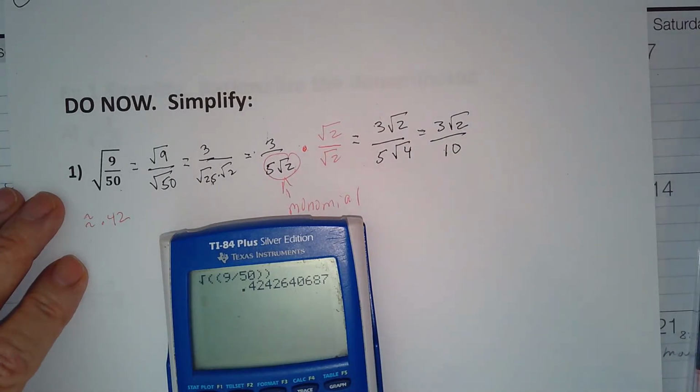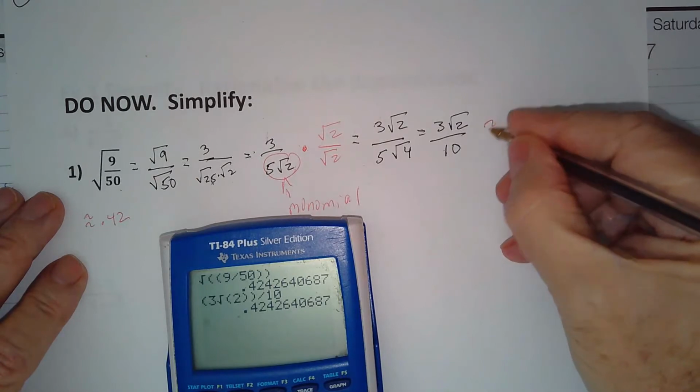So parentheses, 3, and then the square root sign, and then 2, then close the parentheses for the square root, and then close the parentheses for the whole numerator, and that's all divided by 10. And you'll notice I get exactly the same number, approximately 0.42.